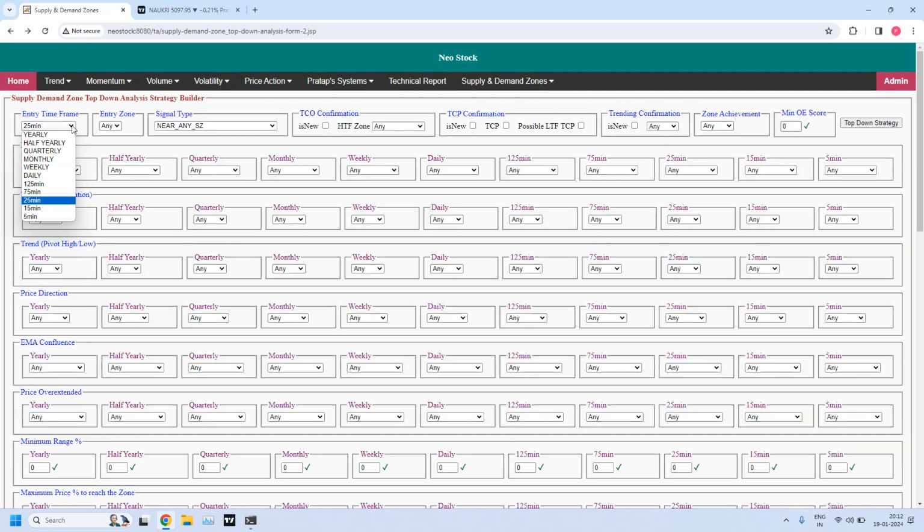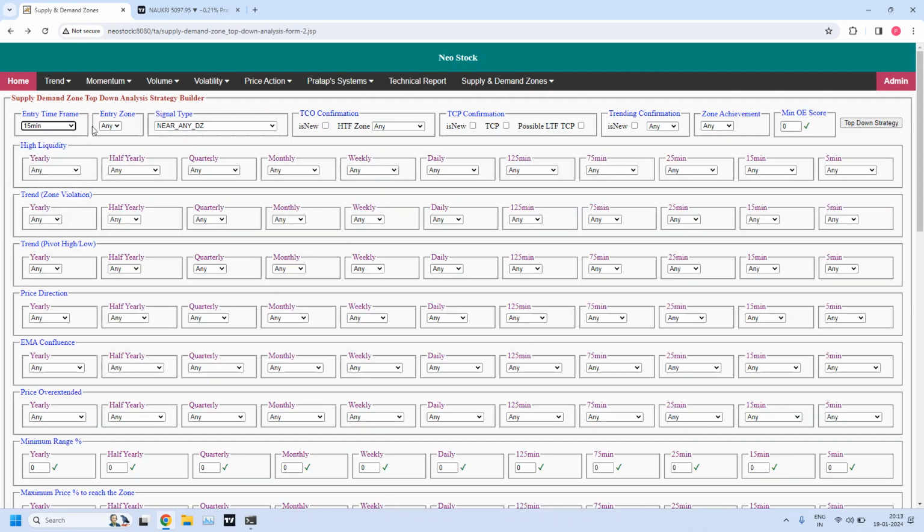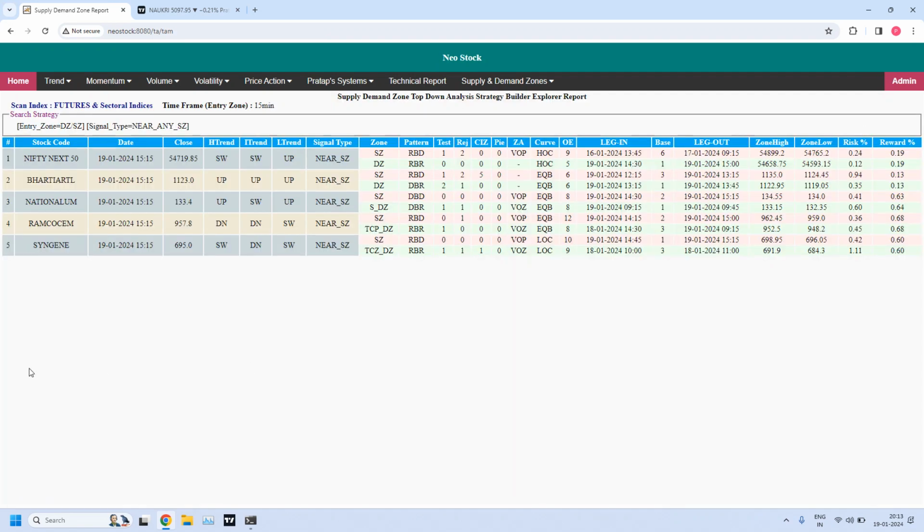So let me go back. 15 minutes time frame. Let us find the stocks near 15 minutes demand zone. So 3 stocks are filtered. Let me go back. 15 minutes time frame. Let us find the stocks near 15 minutes supply zone. 5 stocks are filtered.